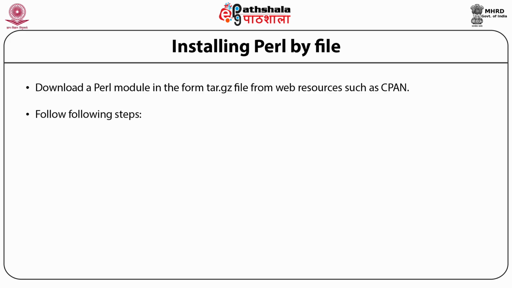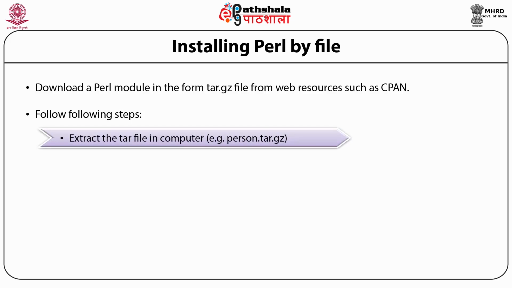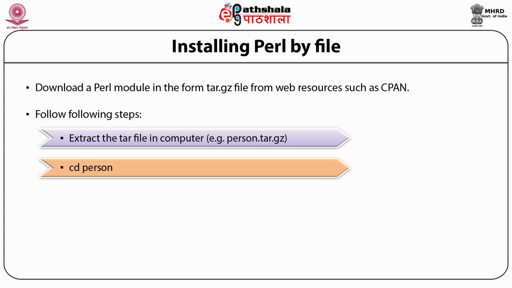To install the Perl module, we need to first extract the tar file on the computer and go to the module folder by using the Windows command cd. Here, for example, cd person, and after going to the module folder, we need to run the following commands.